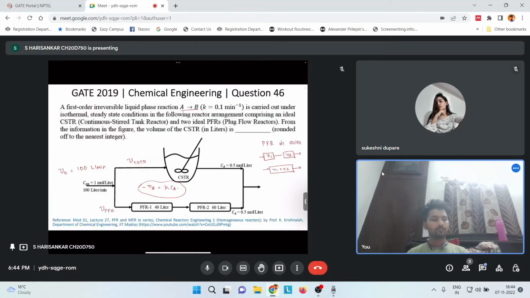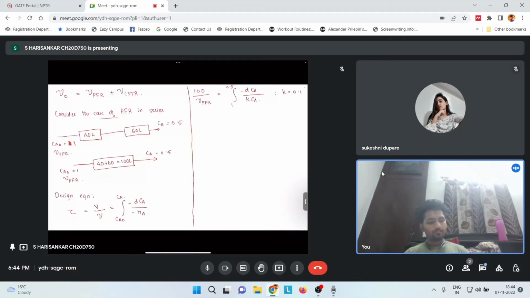So now we can integrate this and substitute the values of K also, and we can find the value of the flow rate of the PFR, that is nu PFR. So 100 by nu PFR will be equal to 1 by K, which is 1 by 0.1, and the integral of dCA by CA will be ln CA, with the limits 1 to 0.5.